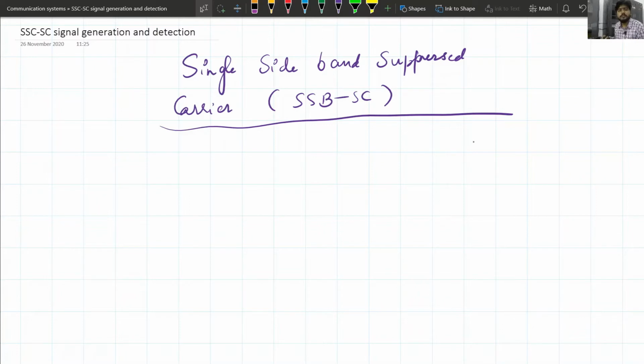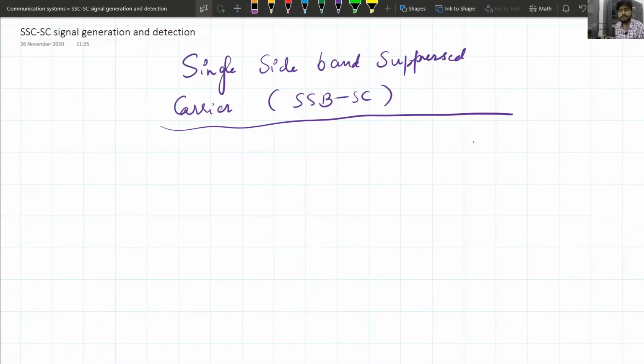So, hello students. The next topic to discuss in linear amplitude modulation is the single sideband suppressed carrier.